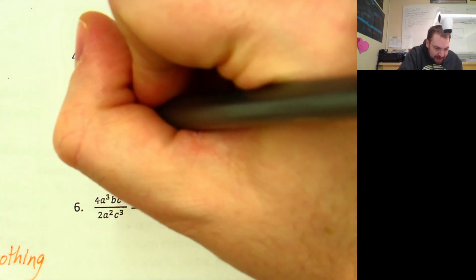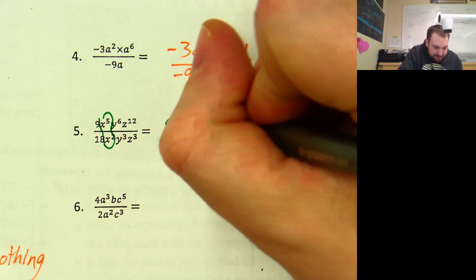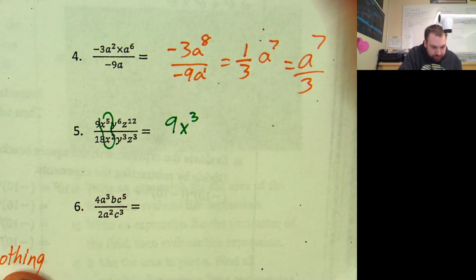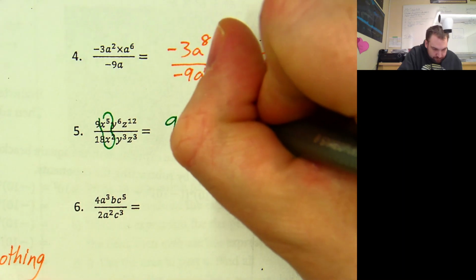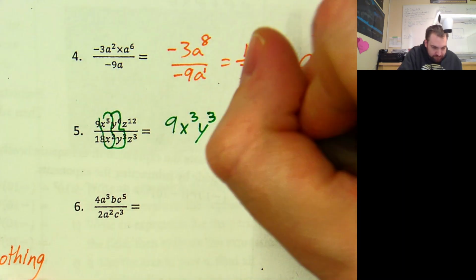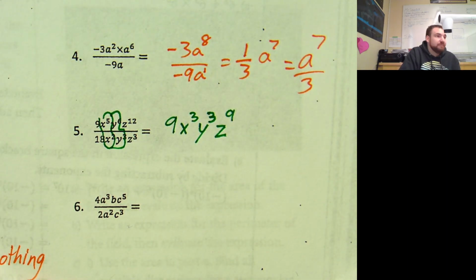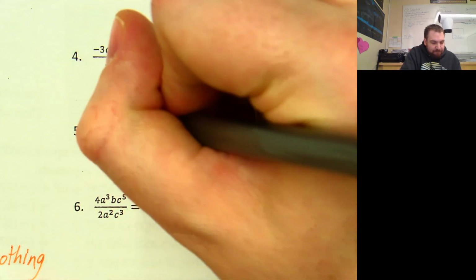So you're dealing with the x squared and the x to the 5. So it's going to be 5 minus 2, so that's going to be x to the 3. Keep going. You betcha, because 6 minus 3 is 3. You're almost done. Finish it up. What's left on the bottom?